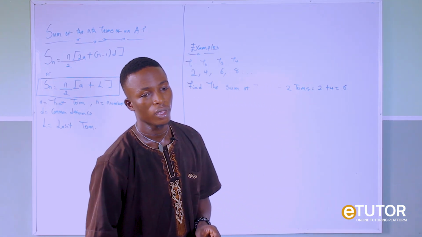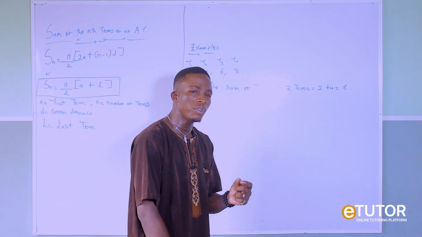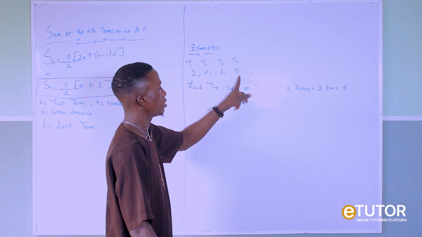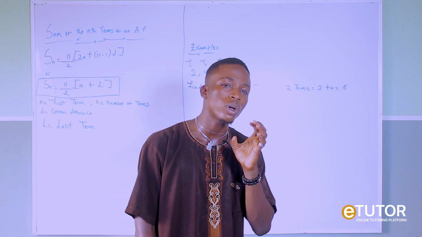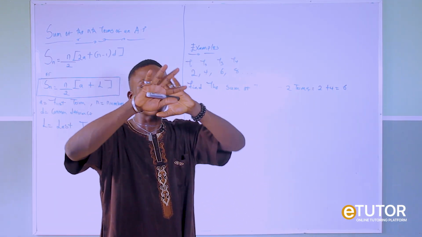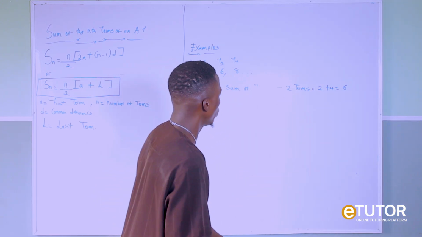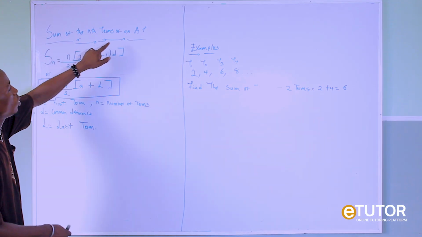So now, let us say you're asked to find the sum of the first 50 terms of this sequence. What would you do? A formula was created to aid humans. So the formula is the sum of the nth terms of the AP.